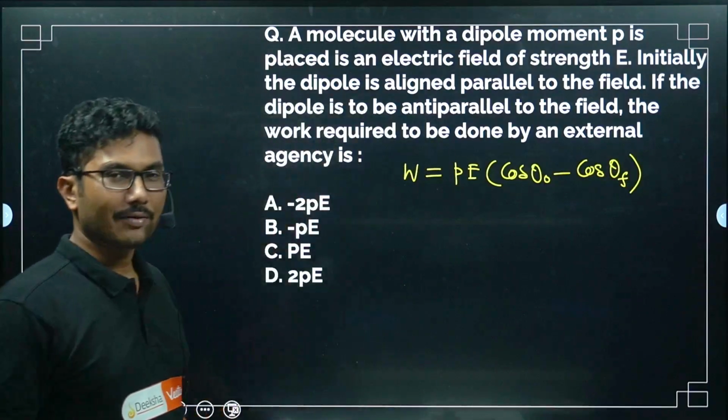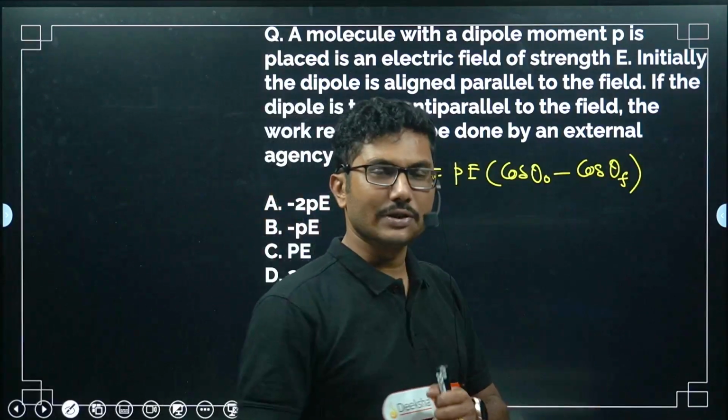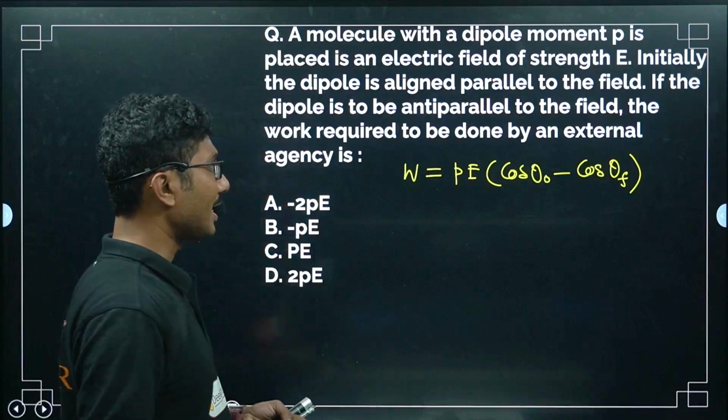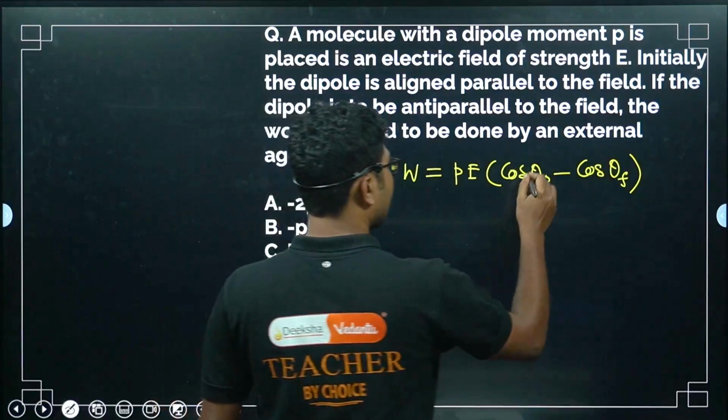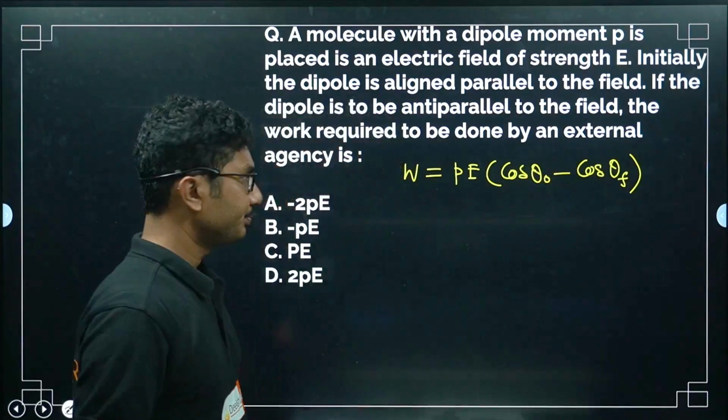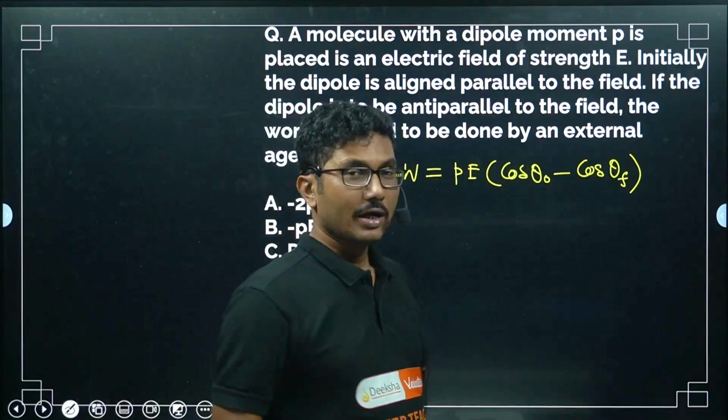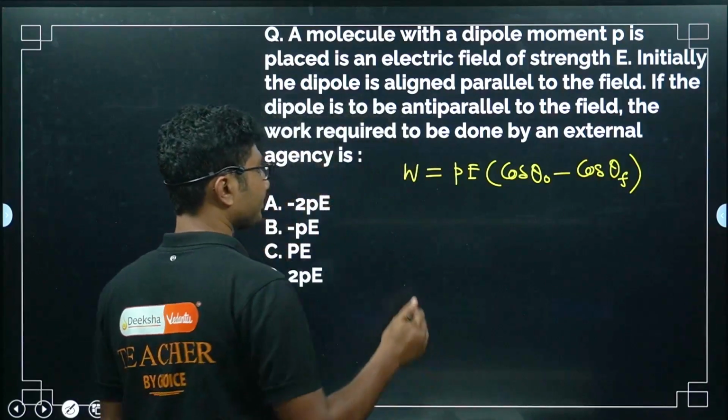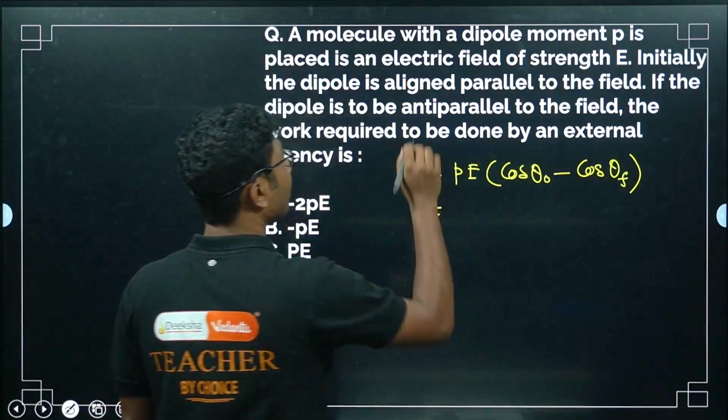If you remember, I have already derived this equation in the lecture where I taught about the potential energy of a dipole in an electric field. If you have missed that, go back and check that lecture. Now, P is given.